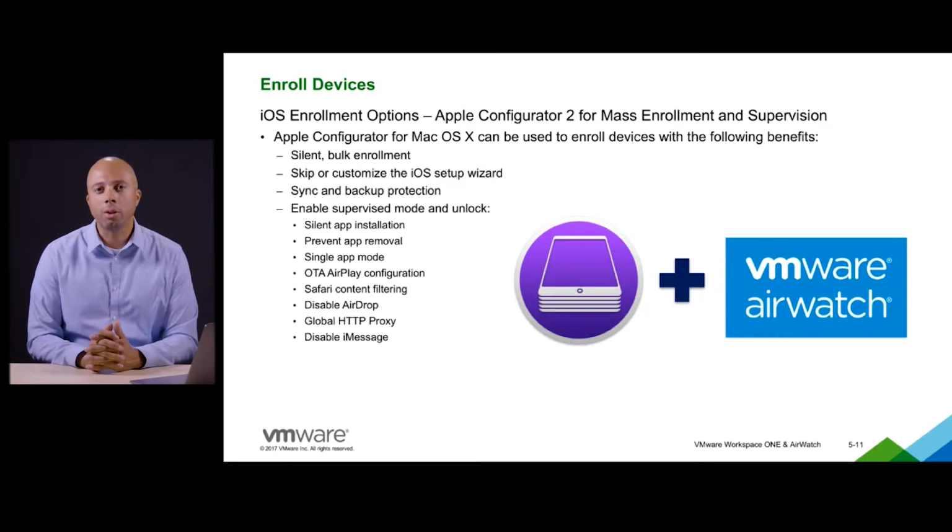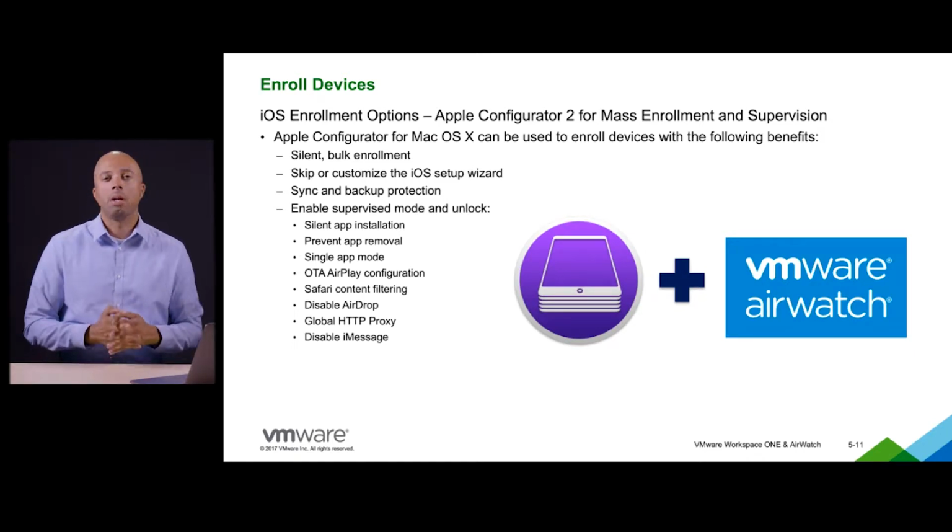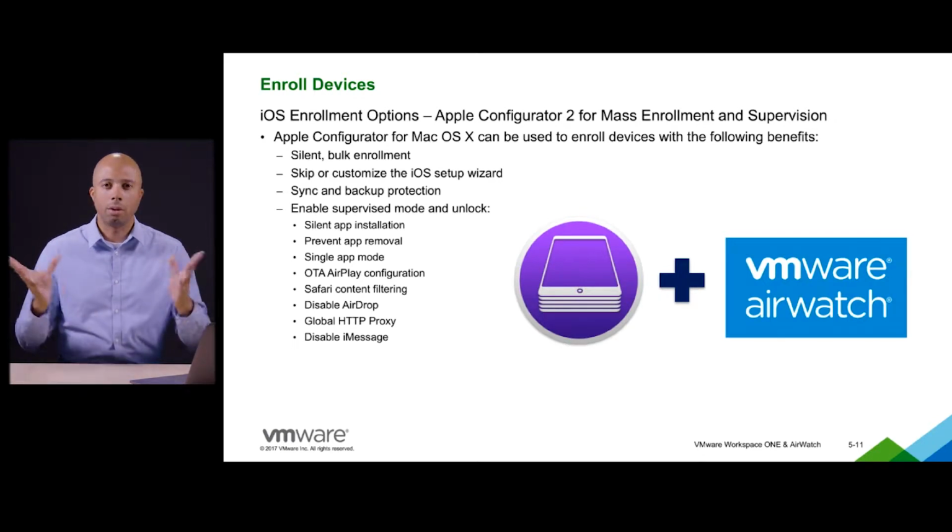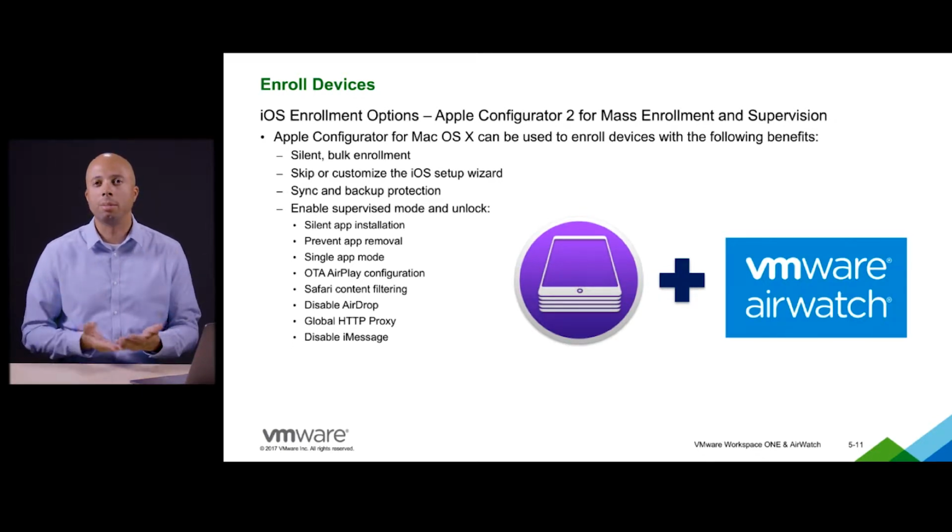Now, there's another way that you can supervise a device without going through the DEP program. That's by using Apple Configurator. This is on a Mac computer. You have to have a Macintosh computer. It has to be running OS 10 or above. And here's the deal. You just open up this application. This is Apple's MDM program. You connect an iOS device via USB.